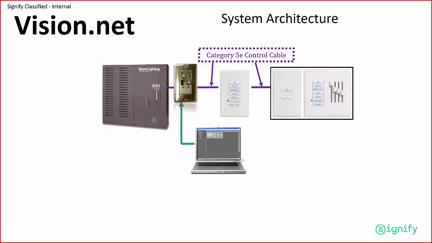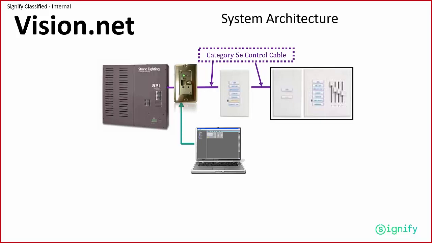So, basic system architecture for VisionNet: how a system can be laid out for communication. On the left, we have an example of our A21 cabinet. A21 can contain combinations of dimmers and relays.